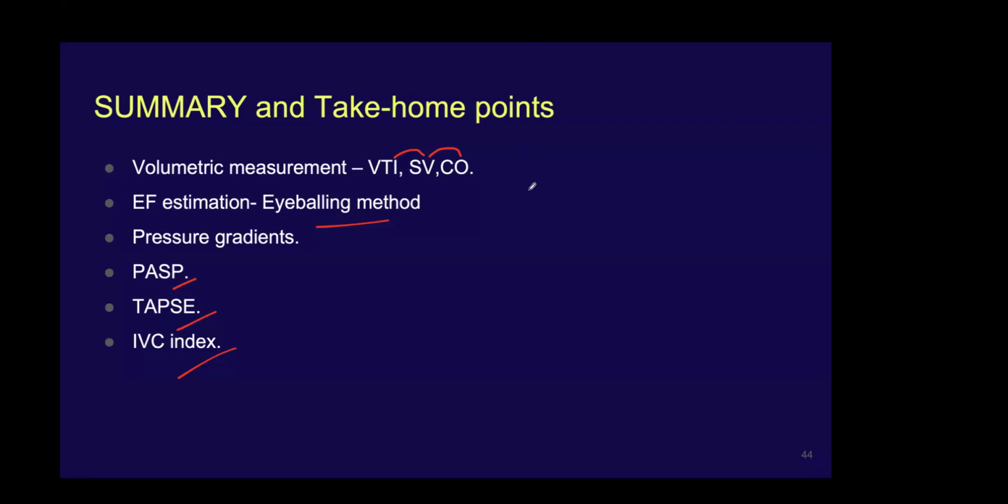And also, maybe one word should be mentioned about pulmonary venous velocity profiles, because they come into the picture both in the evaluation of mitral regurgitation as well as diastolic dysfunction. The pulmonary venous Doppler contains 3 waves. Of them, S and D are positive waves and the A wave is a negative wave.